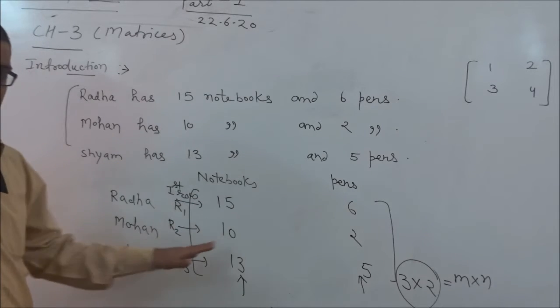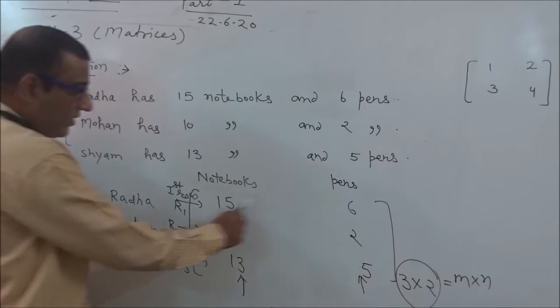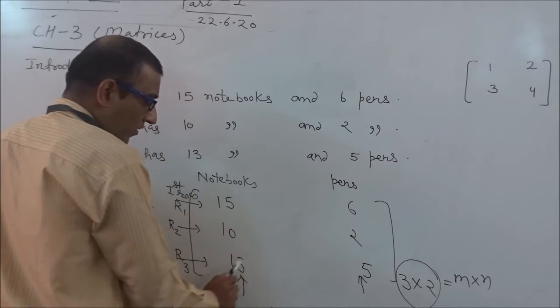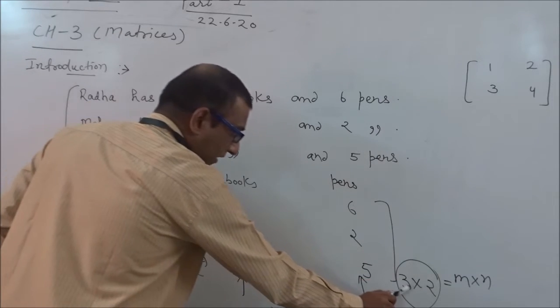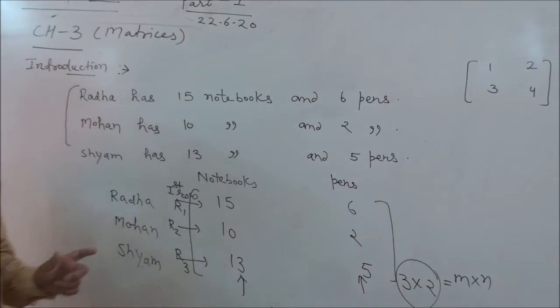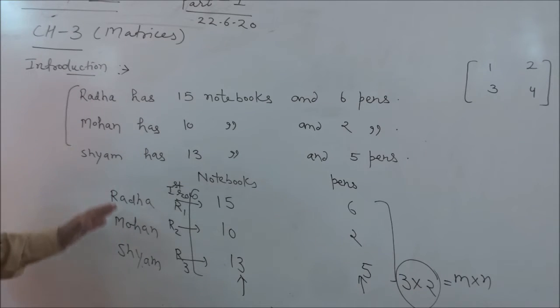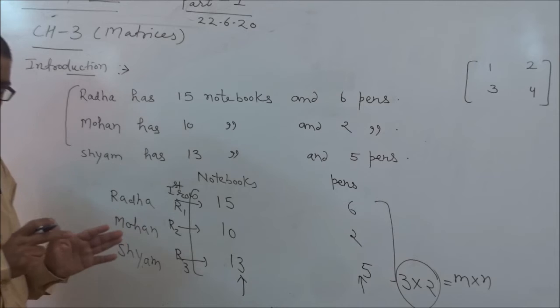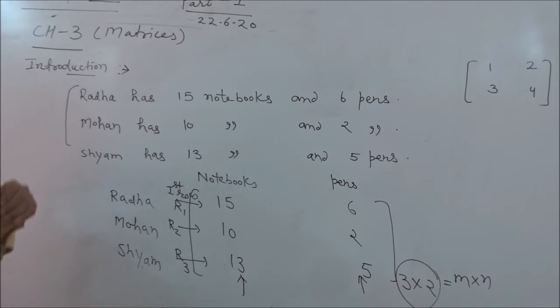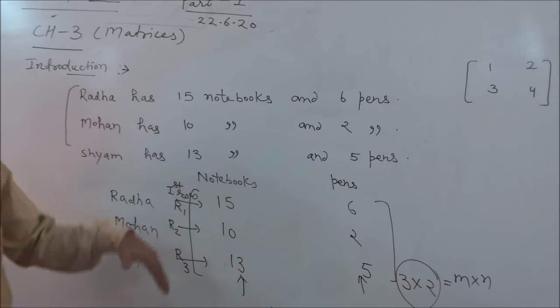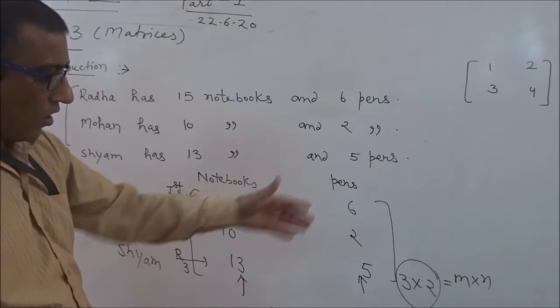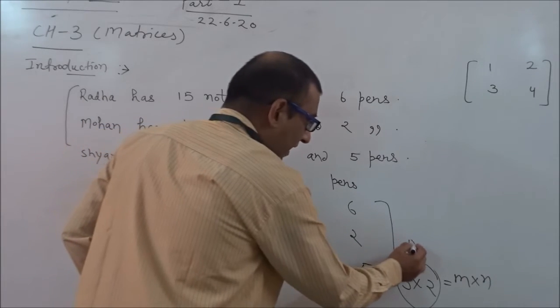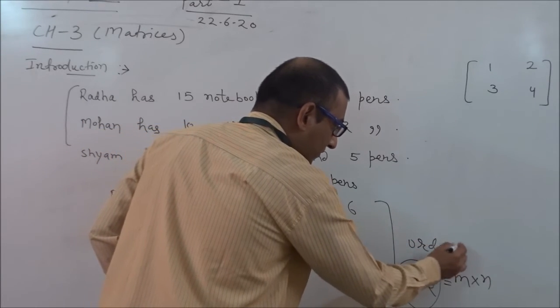There are 6 elements: if you count 1, 2, 3, 4, 5, 6, and if you multiply 3 into 2, it is also 6. So in this information there are 6 entries, 3 rows, that is horizontal lines, and 2 columns, that is vertical lines. And the order of a matrix is represented by m into n.